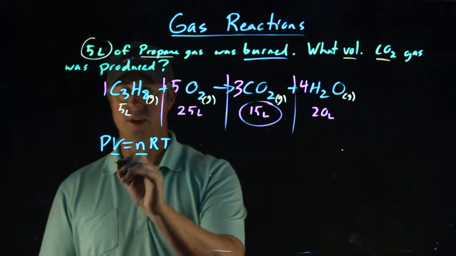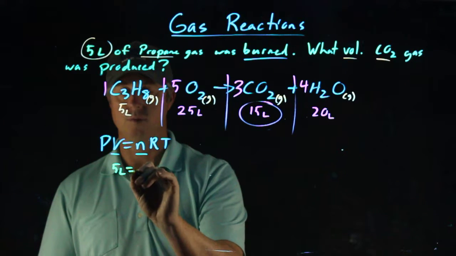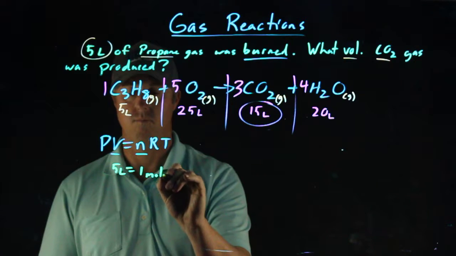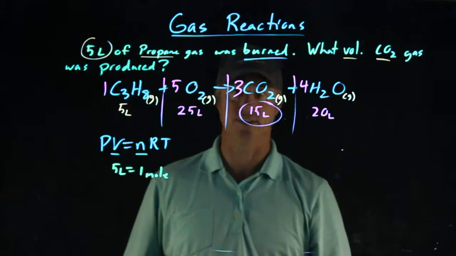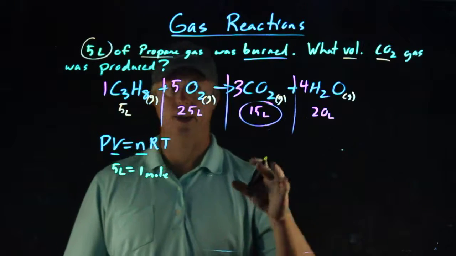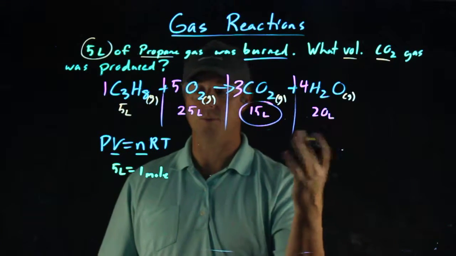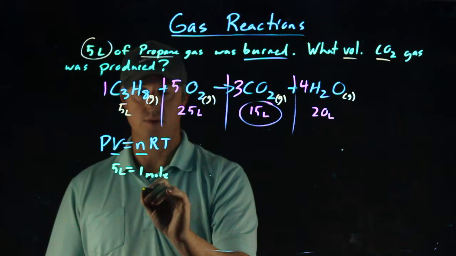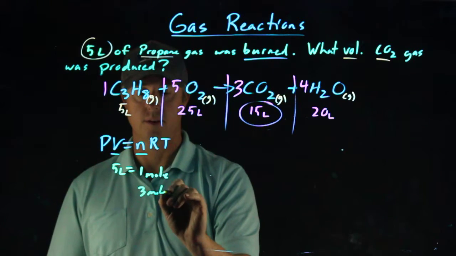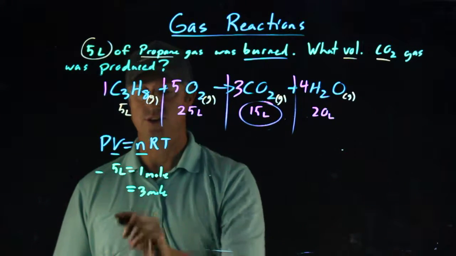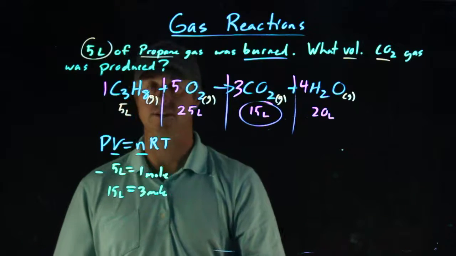So in this case, it's 5 liters for 1 mole of stuff. Well, if it's at the same pressure and same temperature, I can have a different gas that's now in a mole ratio, and so this is going to be 3 moles. Well, what would that ratio be? It follows this standard ratio, so this is why this is 15 liters.